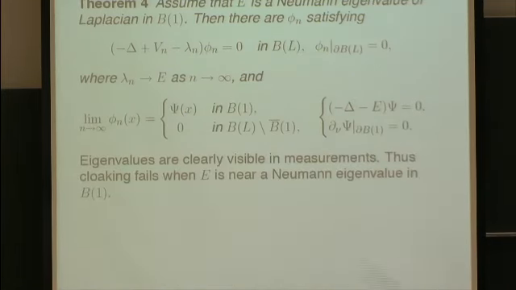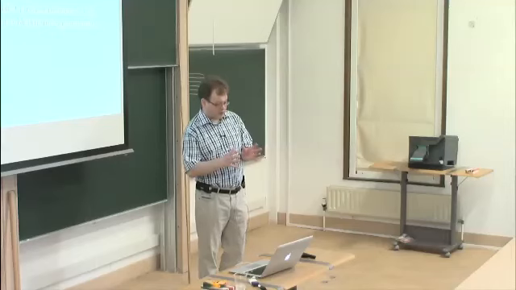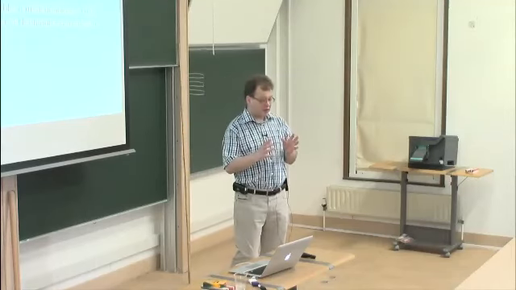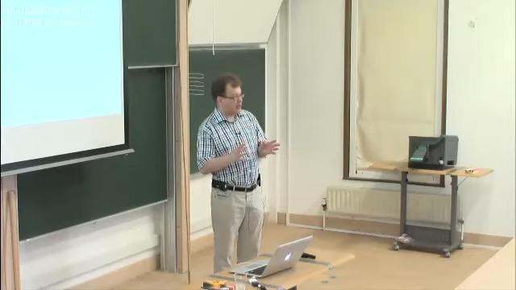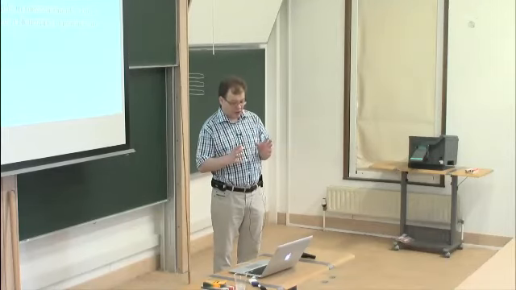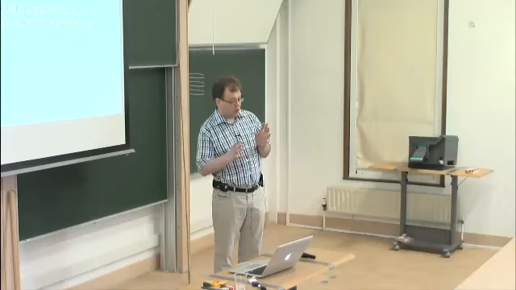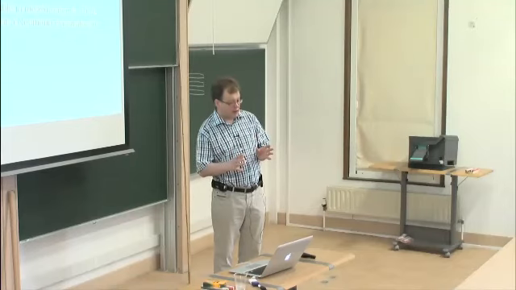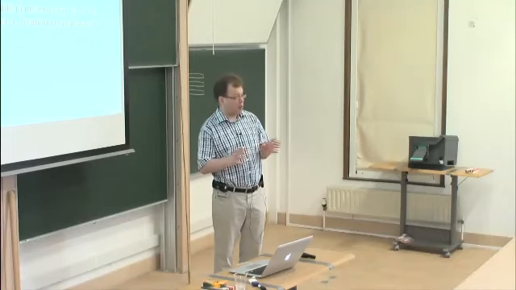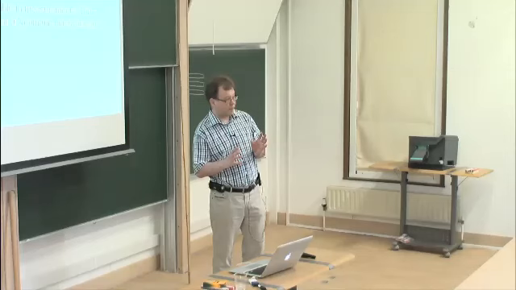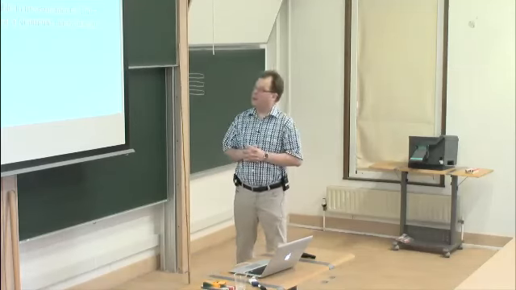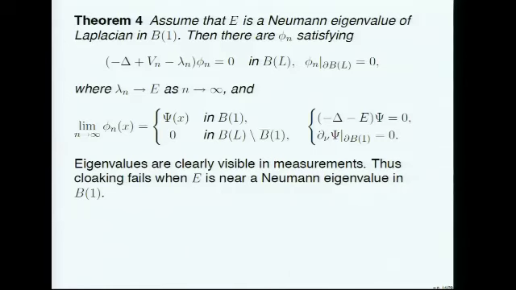If you make boundary measurements for some object that has resonance, this kind of resonance can be very clearly seen in the measurements. Mainly, when you do measurements close to the resonance in frequency, the response that you get from the object is very, very strong. So when we are close to the resonance, cloaking must fail. We very clearly see that something is in there that resonates.